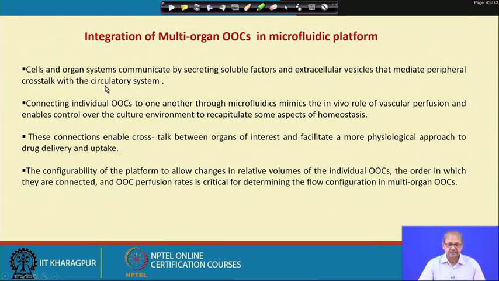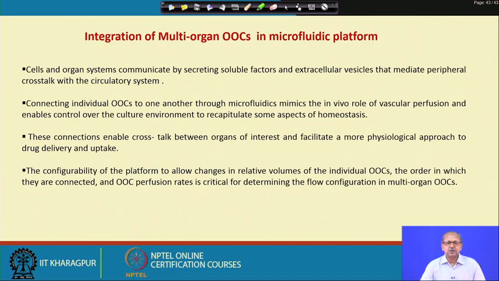For that, microfluidic mimics are used, like our vascular system, a perfusion system, which enables control over the culture environment and recapitulates some aspects of homeostasis. And these connections, like our in vivo system, help crosstalk, and at the same time feedback control mechanisms, as happens in our normal physiology.